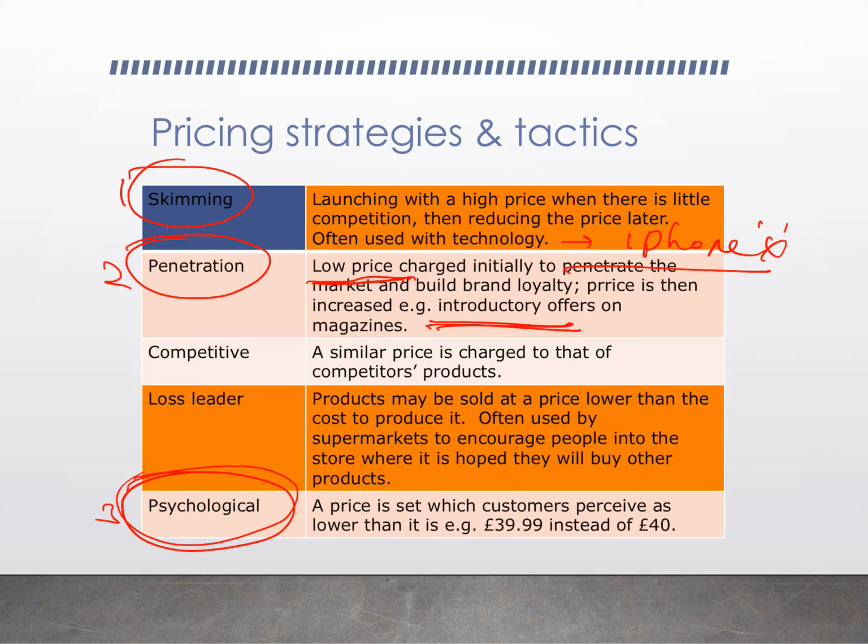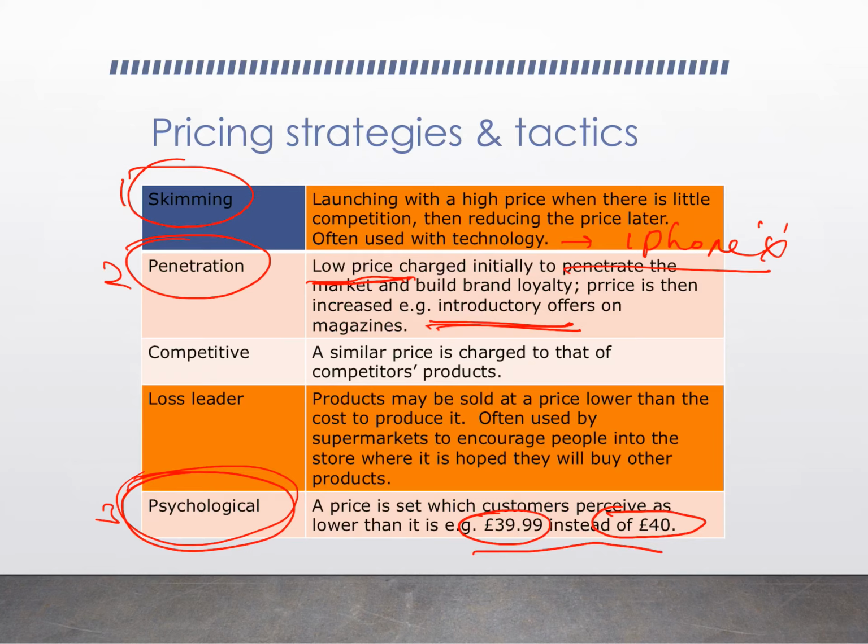The third pricing strategy is psychological pricing. As you can see, I'm going to highlight it, I'm not going to talk about this one. You're trying to play with consumers' mindset, so it's not £40, the price is 39.99. This is what we call psychological pricing.